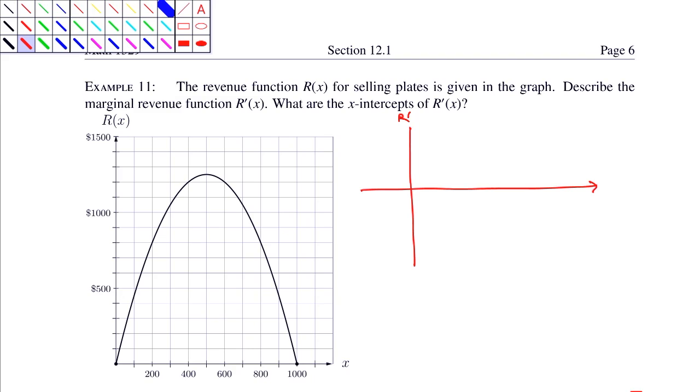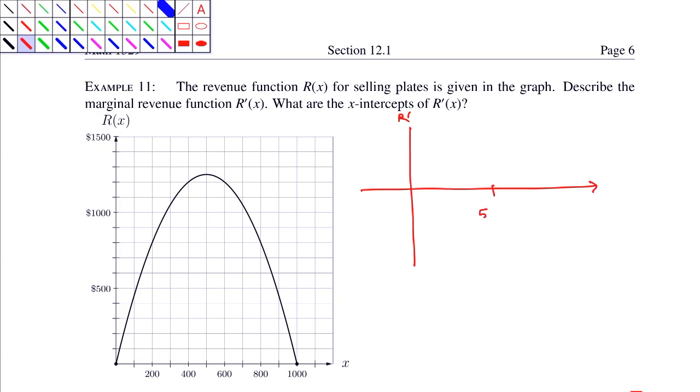R prime of x has a horizontal tangent line? Which graph has the horizontal tangent line? R of x has a horizontal tangent line. Now, what can you tell me based on that about R prime of x? It has a 0 at 500.